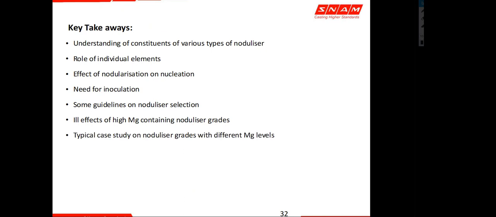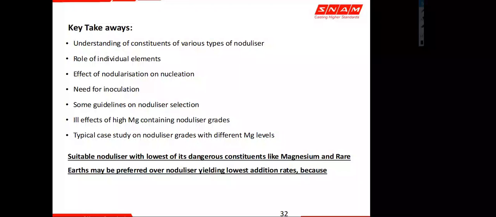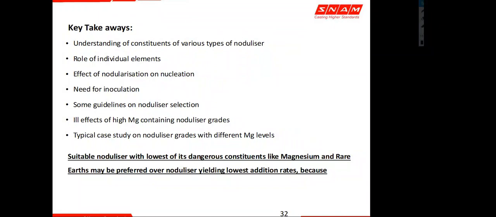We have seen the typical case study on different nodulizer grades, comparing their performance with different magnesium levels and rare earth levels. So the ultimate aim should be to have a suitable nodulizer with the lowest dangerous constituents like magnesium and rare earth, which can be preferred over a nodulizer which yields low addition rates.